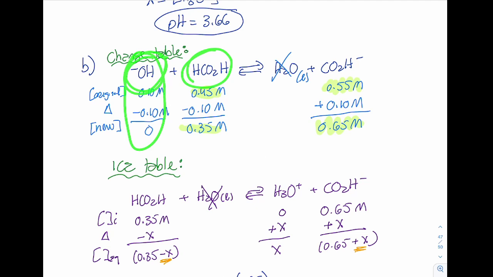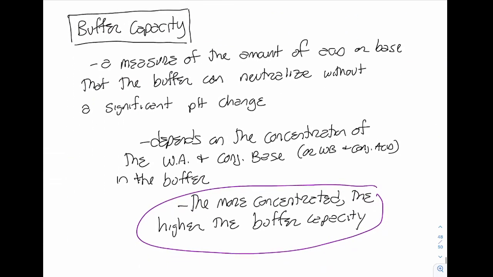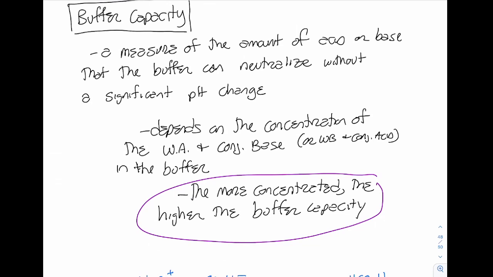We want this to go to 0. If I have more of this than I do of this, this will not be 0 and I've exceeded the buffering capacity. So there is a limit to the amount of acid or base that you can add to the buffer and still have it neutralize it, right? The more concentrated the buffer solution, the more acid or base I could add to it.